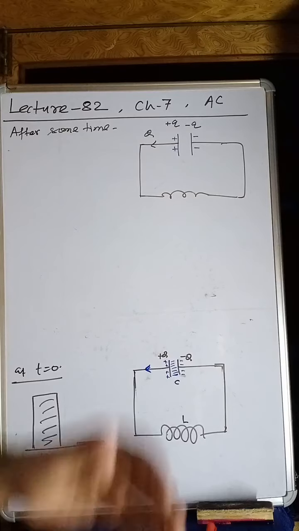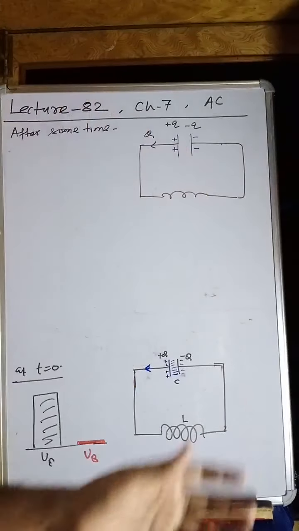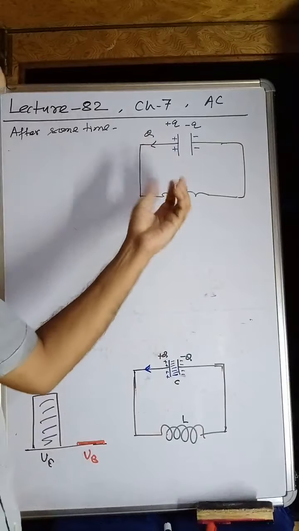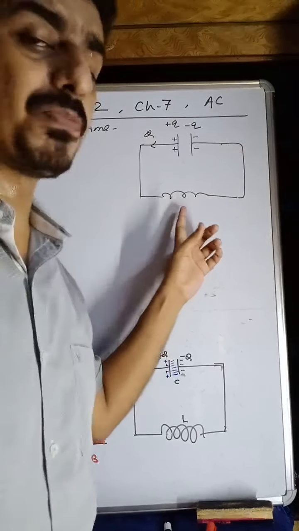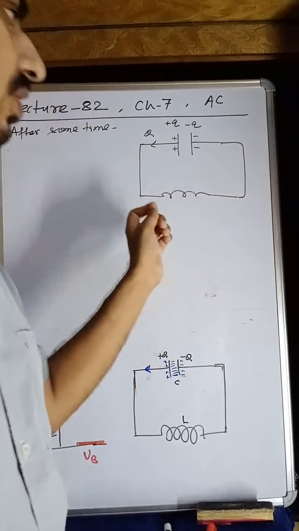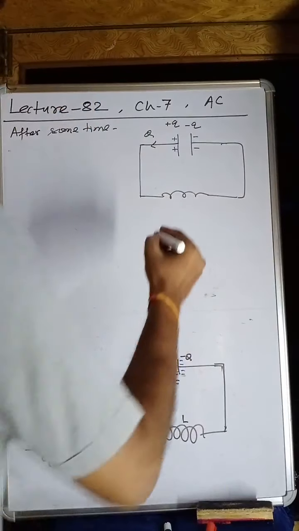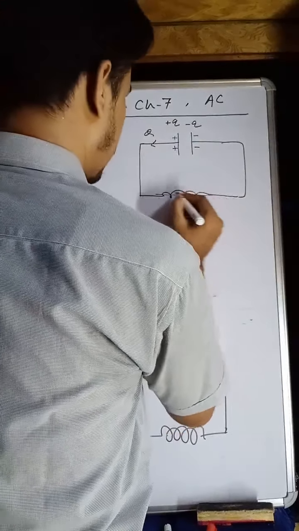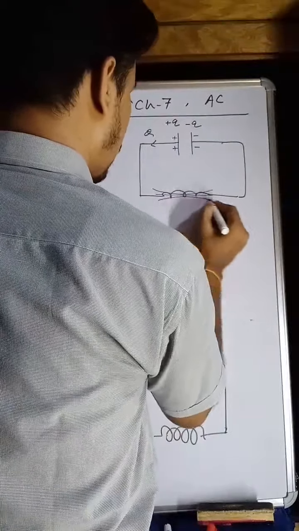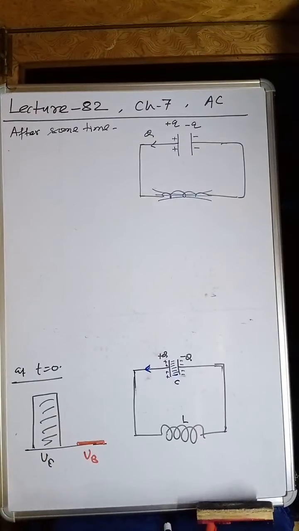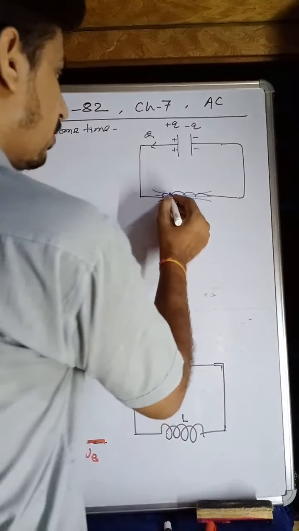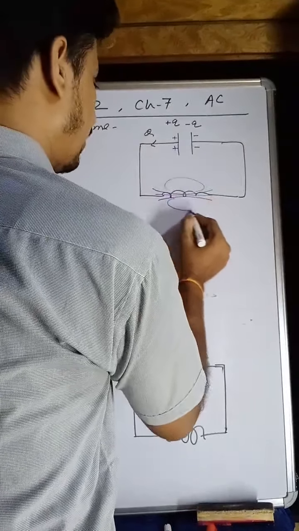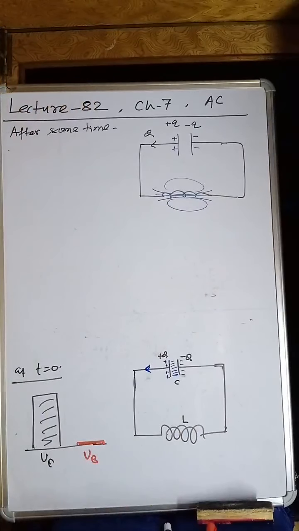But remember, as the charge has been transferred, what happened? The current builds up in this one, and due to the current there must be some self-induction and induced EMF. So there will be magnetic field lines. Alright, there are magnetic field lines, but they are not very strong. You can represent the magnetic field line as a closed loop, but this is not very much.